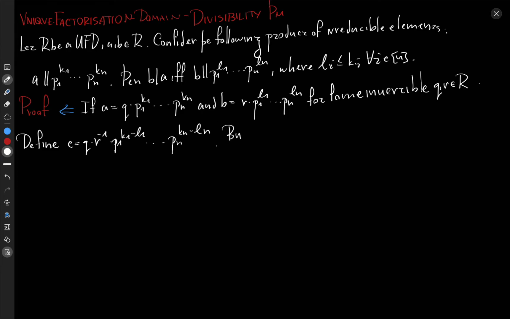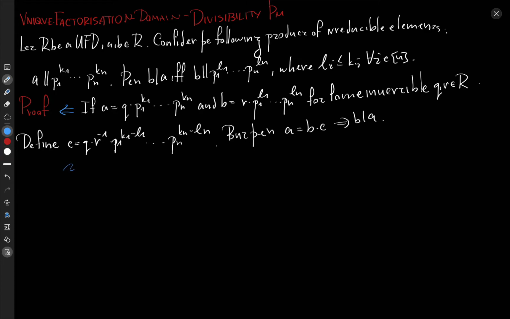But then A is equal to BC, trivially, right? Because these are exactly the missing factors from when we divide A by B. So thus A is equal to B times C, and thus B divides A. So this was quite easy.